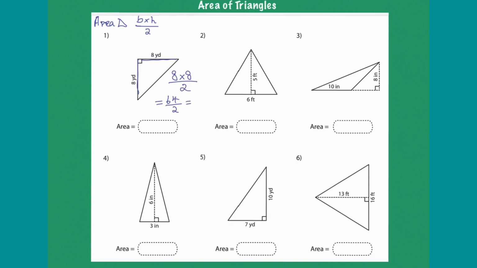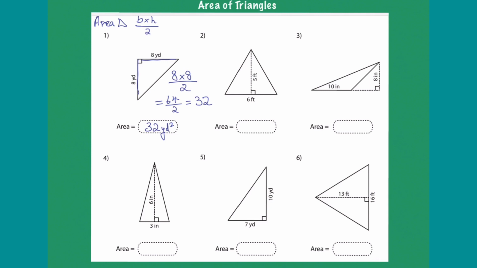Divided by 2, and your final answer, 64 divided by 2, is 32. So your final answer is 32 square yards. Okay? So that will be your area.